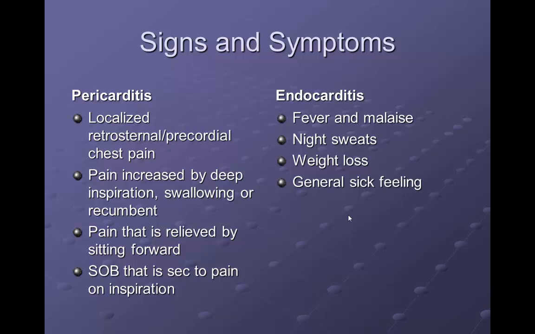Two main factors are required for endocarditis to be produced: a predisposing abnormality of the endocardium and microorganisms in the bloodstream, which is bacteremia. So the patient must have a source of entrance of bacterial infection.